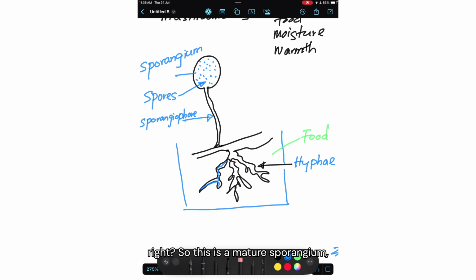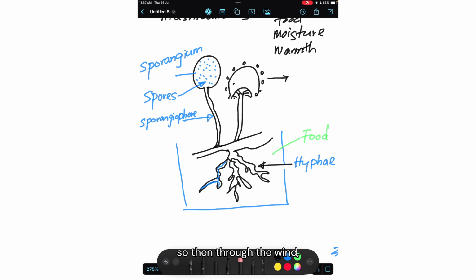Right, so this is a mature sporangium. And what happens when the sporangium bursts? Now you can see like this. The spores come outside. Then through the wind or some other forces, they spread. In the very immature stage, it's like a small bud.